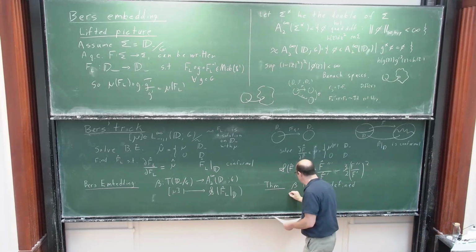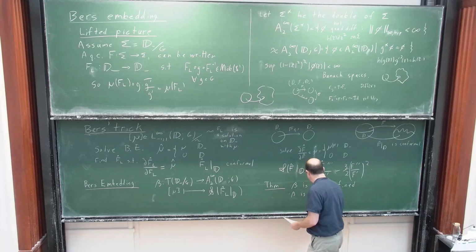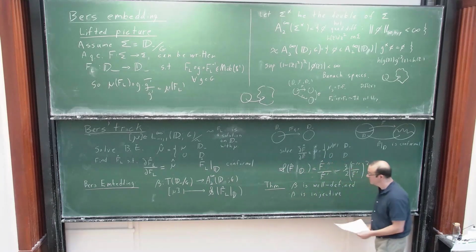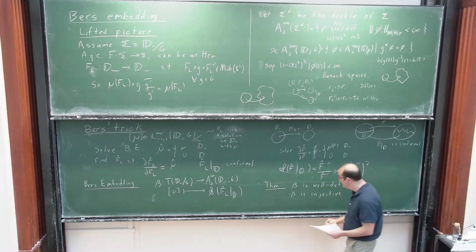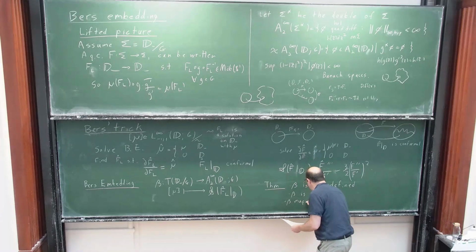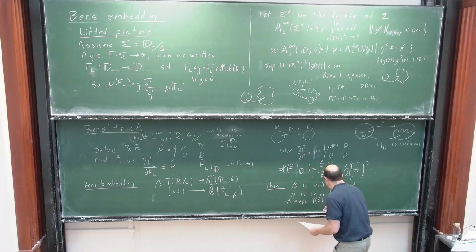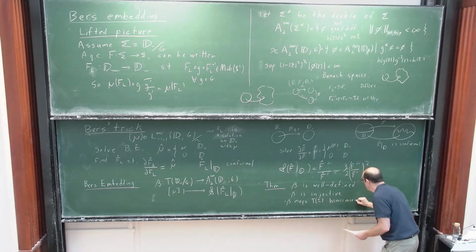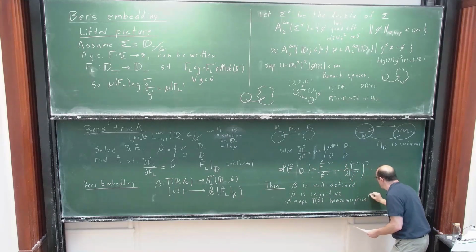It's also injective. And now here's maybe the most important thing: it maps the Teichmüller space homeomorphically onto an open disk or open set.